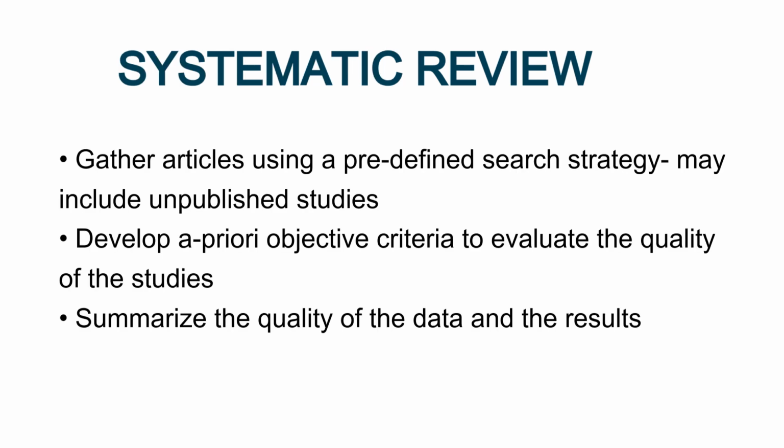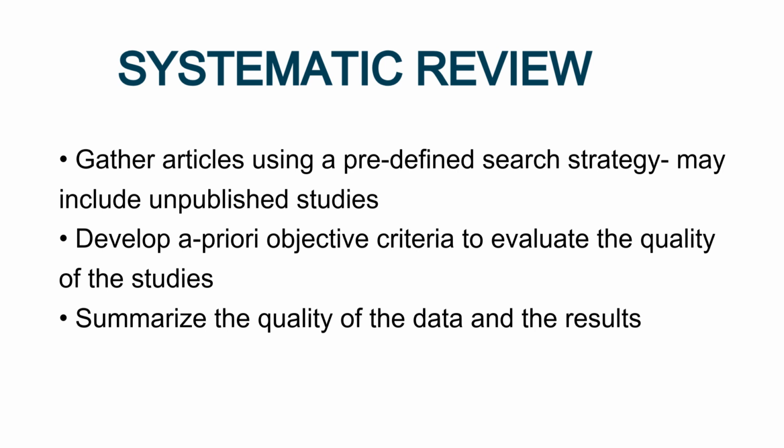A systematic review is a structured and transparent way to review research. Unlike a simple summary, it follows a predefined plan to make the process objective and reliable. First, we collect studies using a planned search strategy, including specific databases, keywords, and even unpublished work.